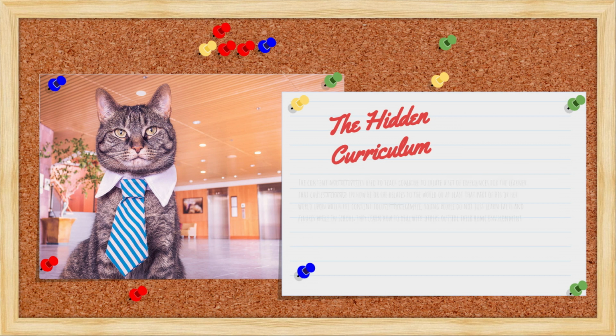The hidden curriculum. The content and activities used to teach combine to create a set of experiences for the learner that causes a change in how he or she relates to the world, or at least that part of his or her world upon which the content focuses. For example, young people do not just learn facts and figures while in school. They learn how to deal with others outside their home environment.